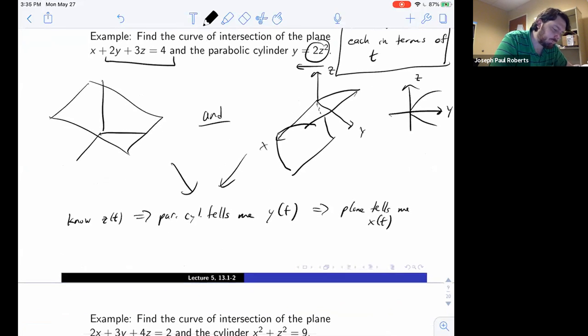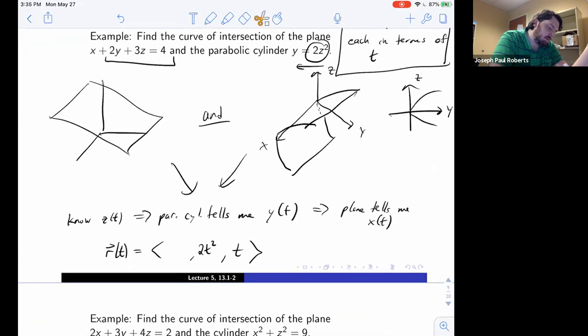As soon as we decide what we want z of t to be, we're basically done. Let's let z be t. Remember, there are infinitely many different correct answers we could give, but if we let z be t, that's the simplest one. Then if z is t, y has to be 2t squared in order to live on the parabolic cylinder.